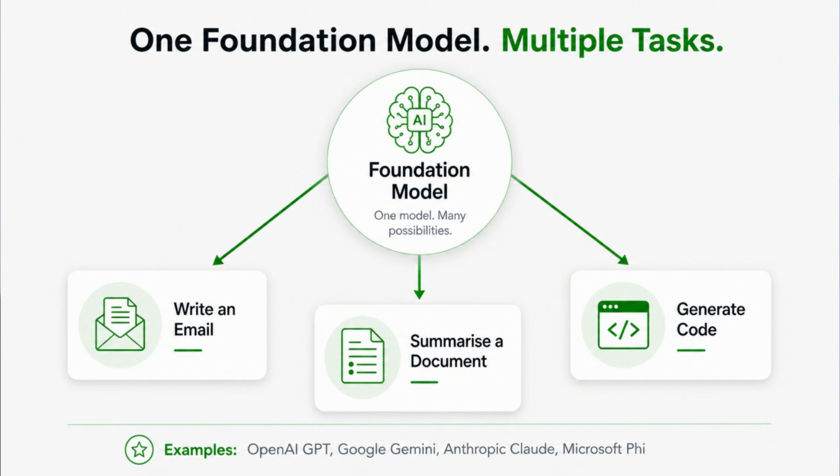For example, models like OpenAI GPT models, Google Gemini, Anthropic Claude, and Microsoft Phi are examples of foundation models. So these models can be used as the starting point for many AI applications.